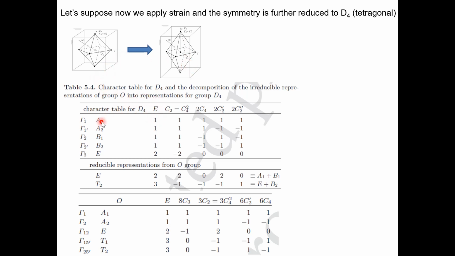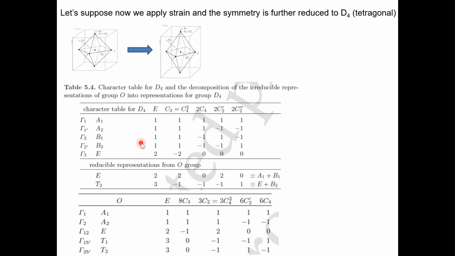So this is the character table for the D4 group. Of course, it's a much smaller group. It has 1, 2, 3, 4, 5, 6, 7, only 8 symmetry operations instead of the 24 that I had before for the group O. Okay? And let's see how the levels further split when I reduce the symmetry.